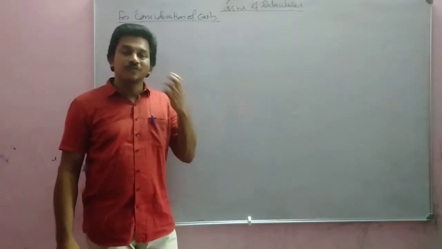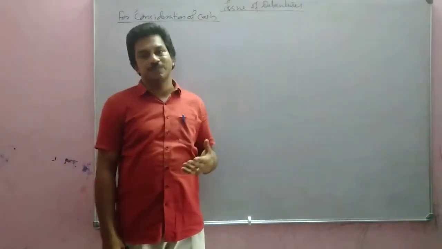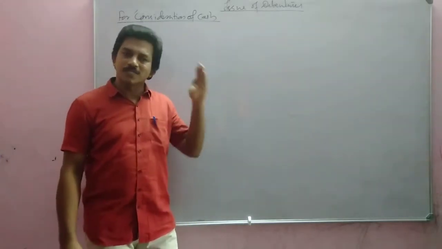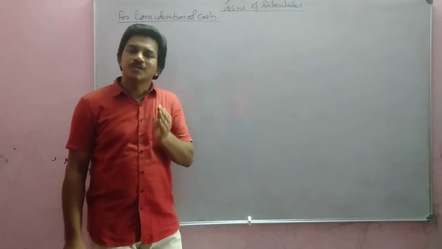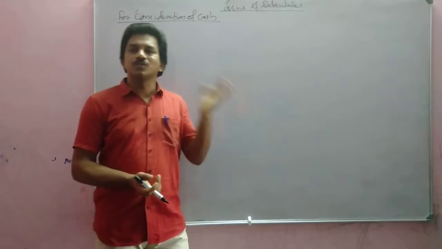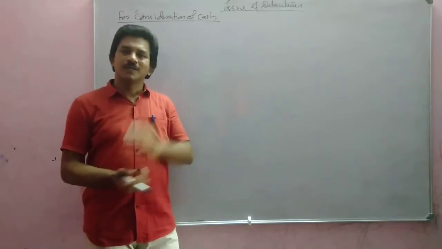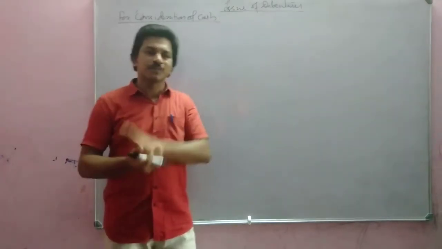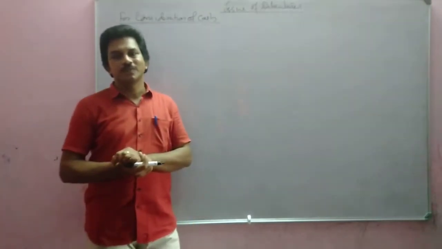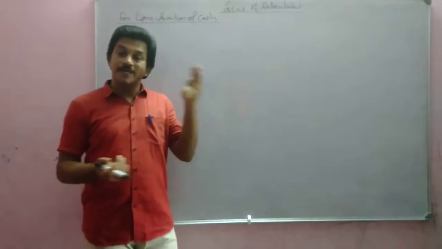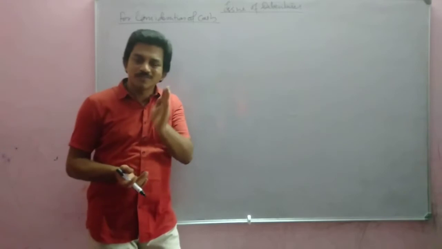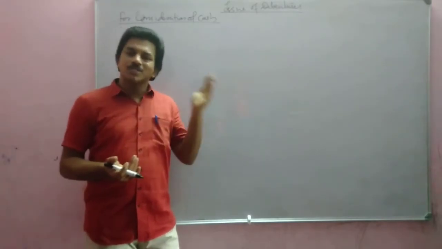Here also, if we collect the money in installments for the debenture, we will write in the same way: cash account debtor to debenture application, then debenture application account debtor to debenture capital, then debenture allotment debtor to debenture capital, then bank account debtor to debenture allotment, then debenture first call debtor to debenture capital, then bank account debtor to debenture first call, then debenture second and final call.